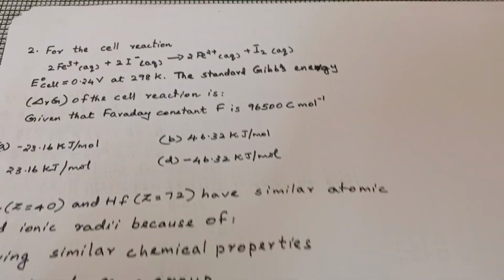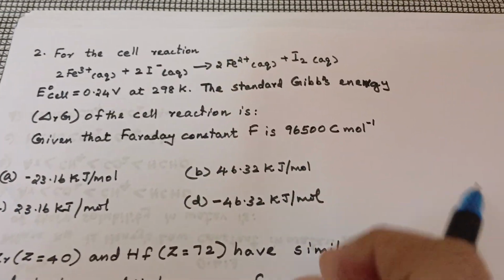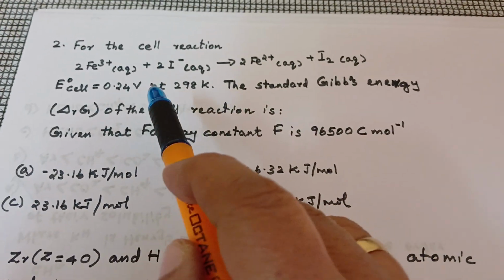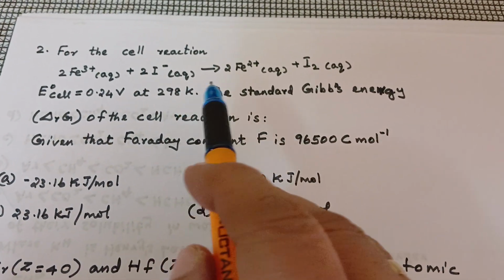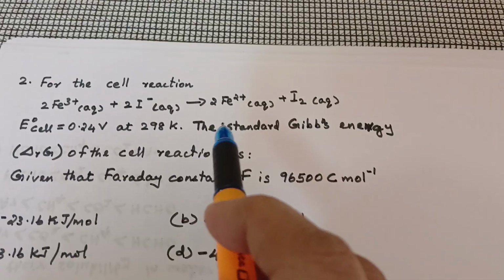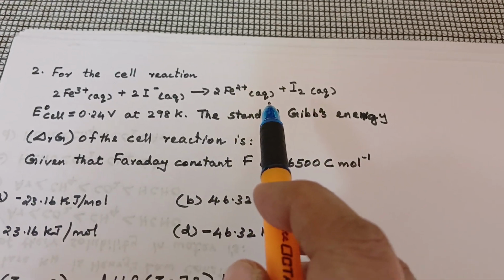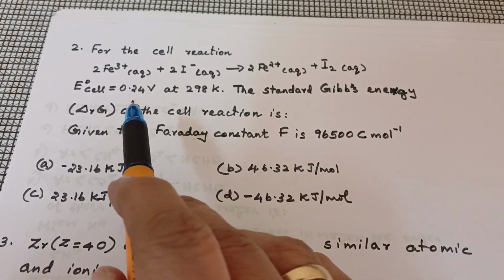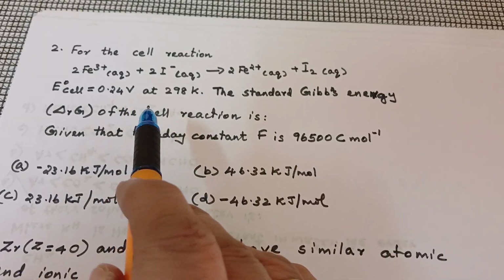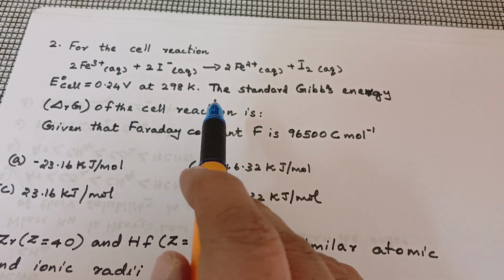Question number 2. For the cell reaction 2Fe3+ aqueous plus 2I- aqueous giving 2Fe2+ aqueous plus I2 aqueous, E0 cell is given as 0.24 volt at 298 Kelvin.